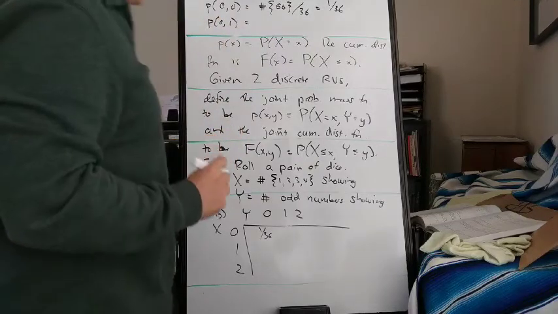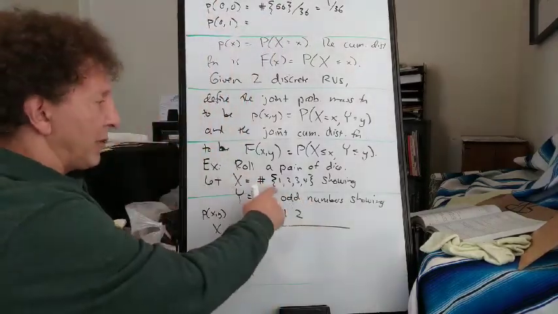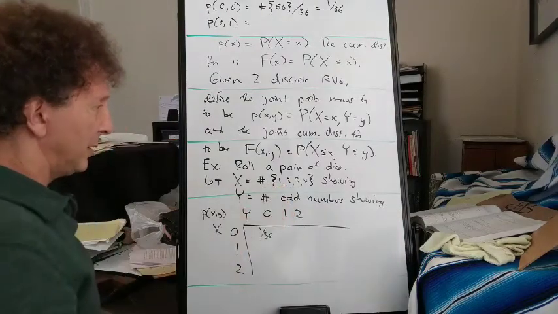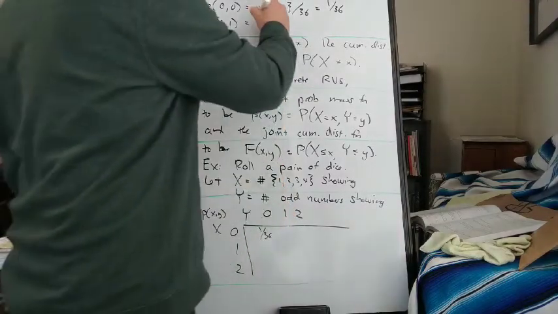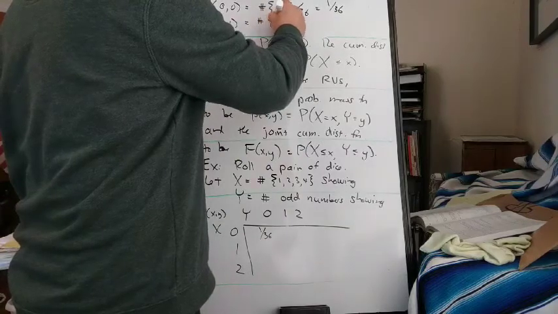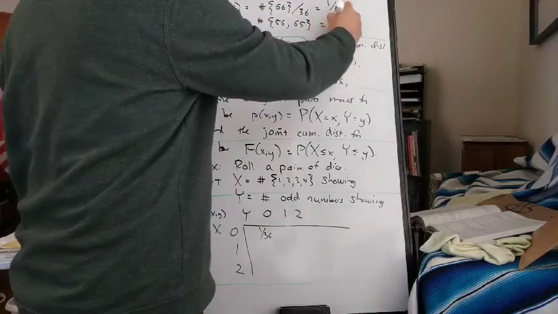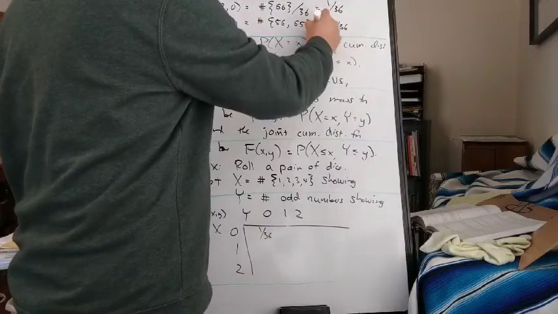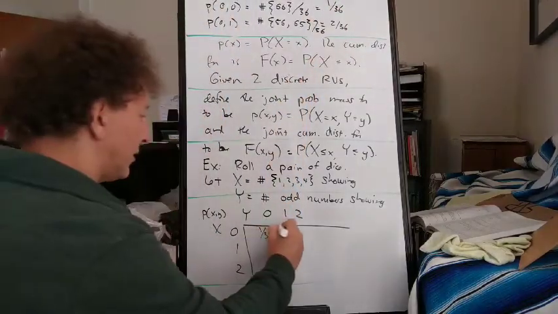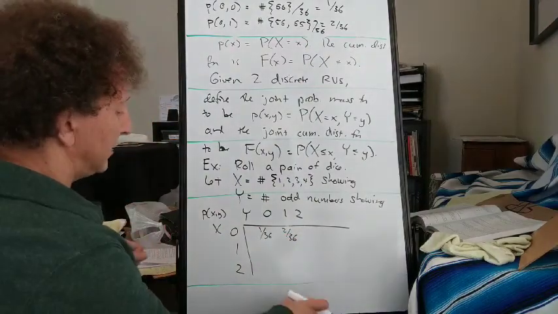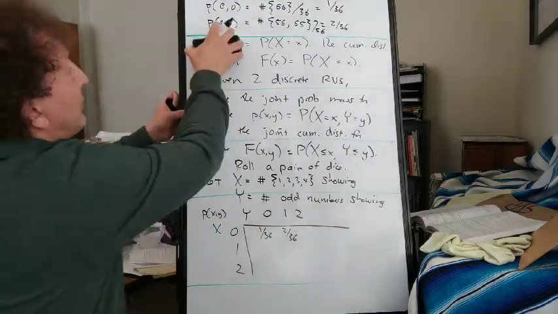Alright, p of 0, 1 is the probability that we get 0 numbers in the 1, 2, 3, 4 range and 1 odd number. So that can happen if we get a 5 and a 6 or a 6 and a 5. So that's 2 out of 36. And then what's little p of 0, 2?